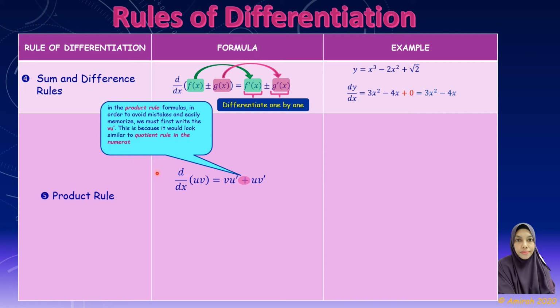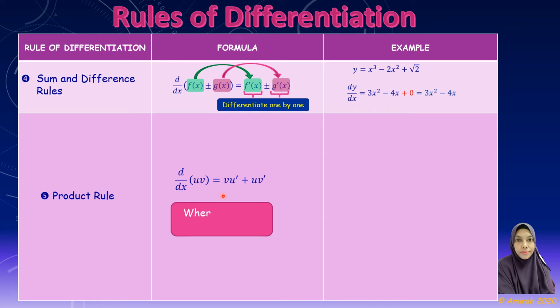This is because it will look similar to the quotient rule numerator that we'll discuss later. And in this case, u is a function and v also is a function. Let's look at the example.